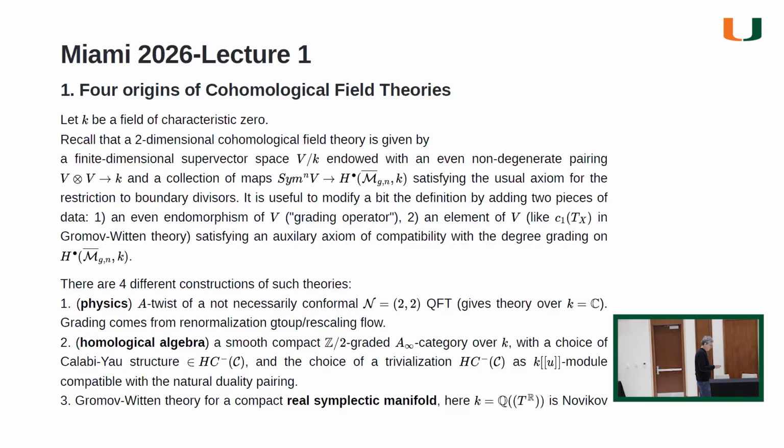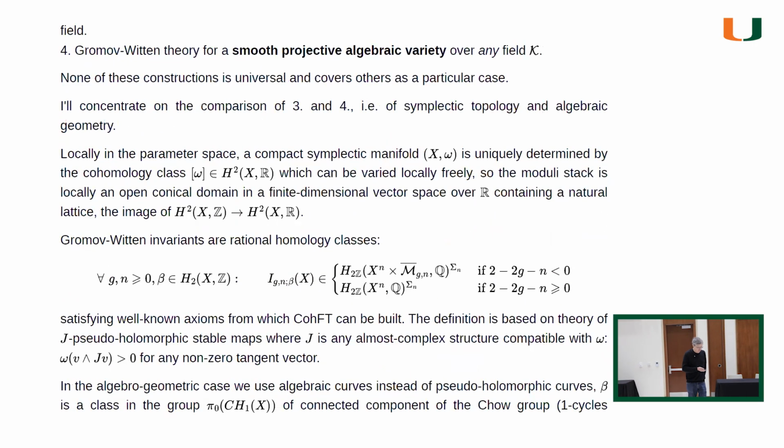And that's one theory. The fourth version is the algebro-geometric version. You start with a smooth algebraic variety over some field, maybe not of characteristic zero, and you also get Gromov-Witten invariants. So you get four different constructions, and none of them is a particular case of another.